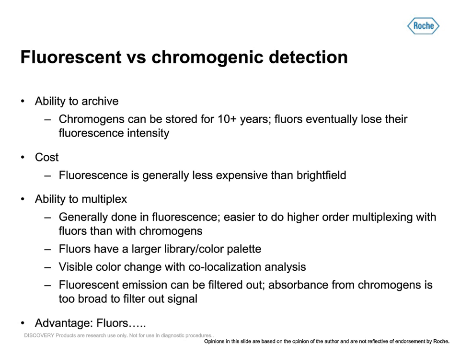Fluors do currently have a larger library to choose from, and just the property that I mentioned previously is the fact that when fluorophores do co-localize, they tend to generate that third color, so you can actually see co-expression of certain proteins. So right now, it seems that for multiplexing capabilities, fluorescence is the route to go.